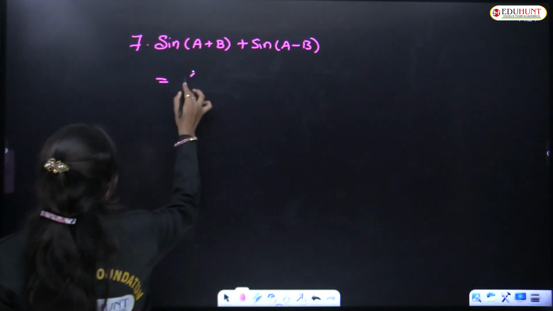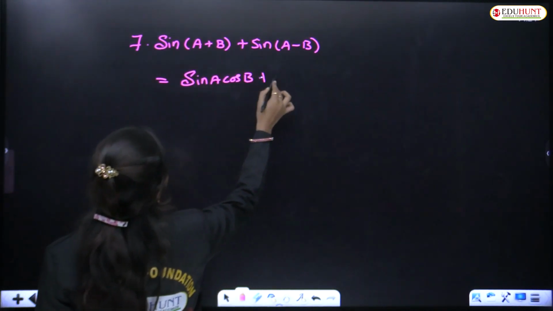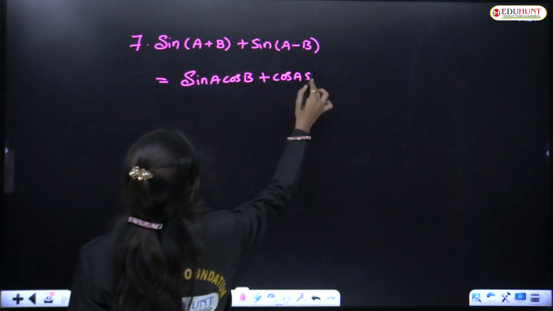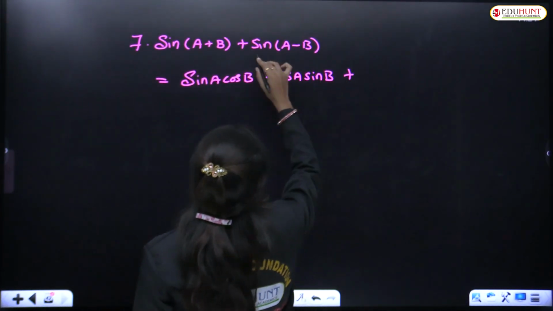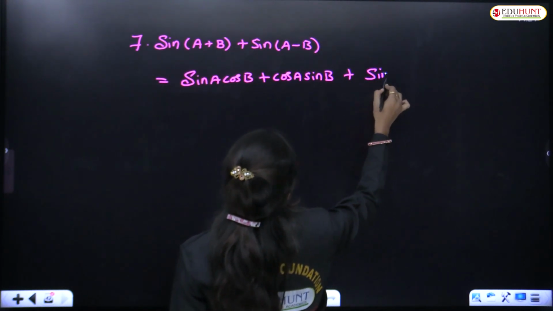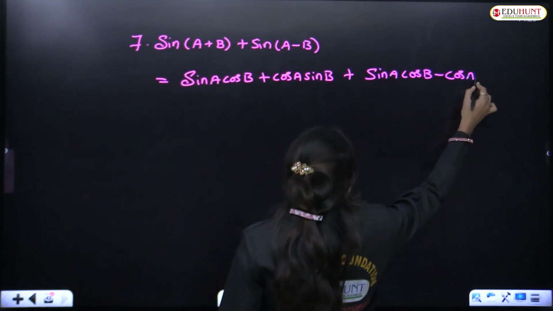Sin of A plus B is sin A cos B plus cos A sin B, plus sin of A minus B, which is sin A cos B minus cos A sin B.